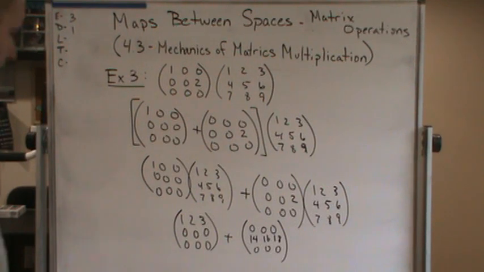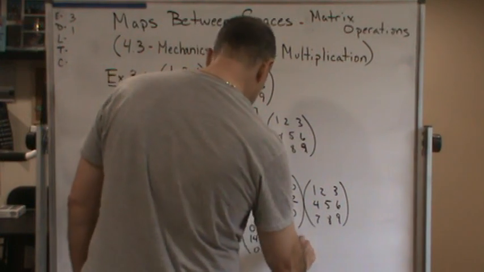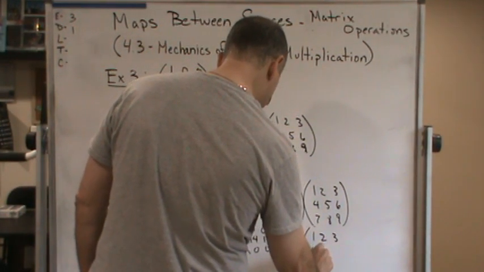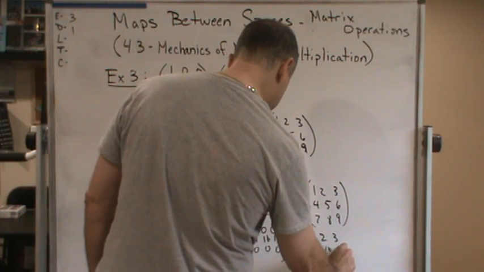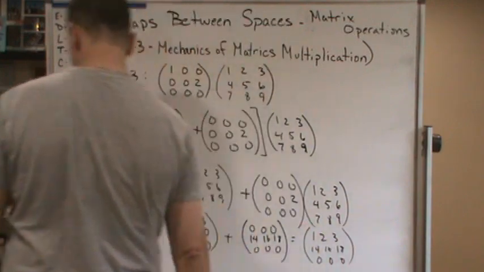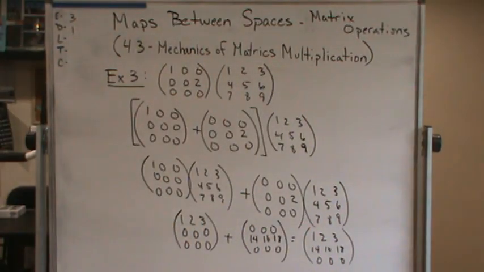And then, of course, our final result is just going to be 1, 2, 3, 14, 16, 18, 0, 0, 0.